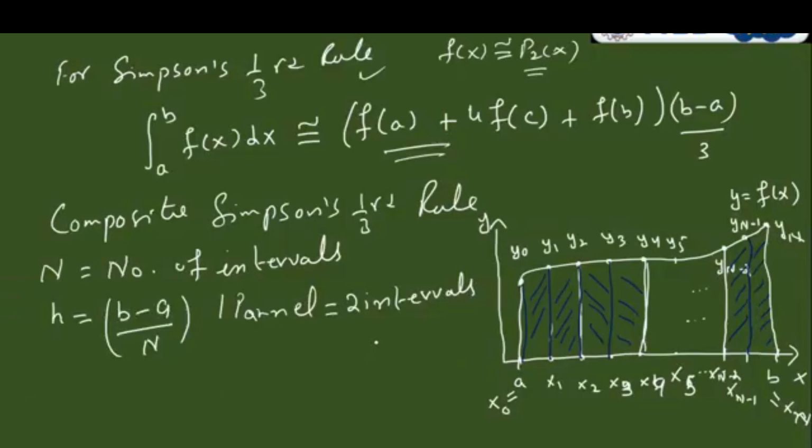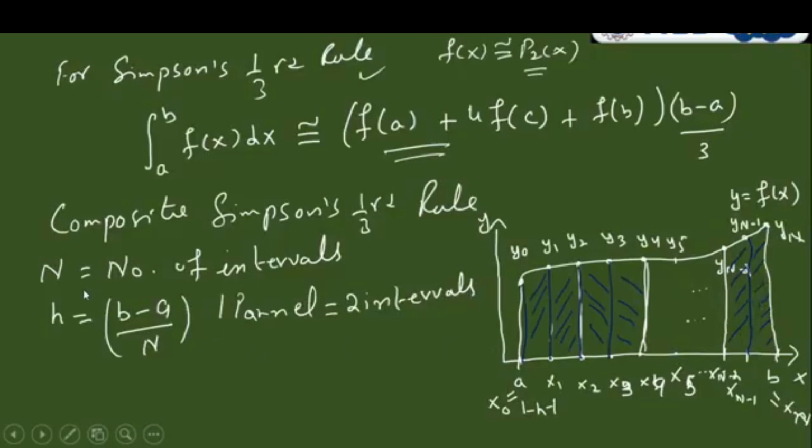Very simple, student. Now what we have to do, we have just developed a formula. This formula is valid for a whole domain. When the first value starts at A and ends at B, then you have to use this thing. One thing I wanted to point out is that each interval has a length h. Okay, so this n is the number of intervals, not panels, number of intervals. They are like 1, 2, 3, 4, 5, 6, like this.